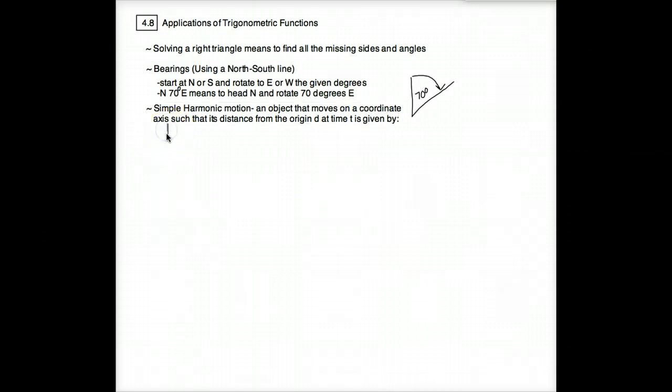It's going to depend on which situation we're talking about, whether it's going to be sine or cosine.